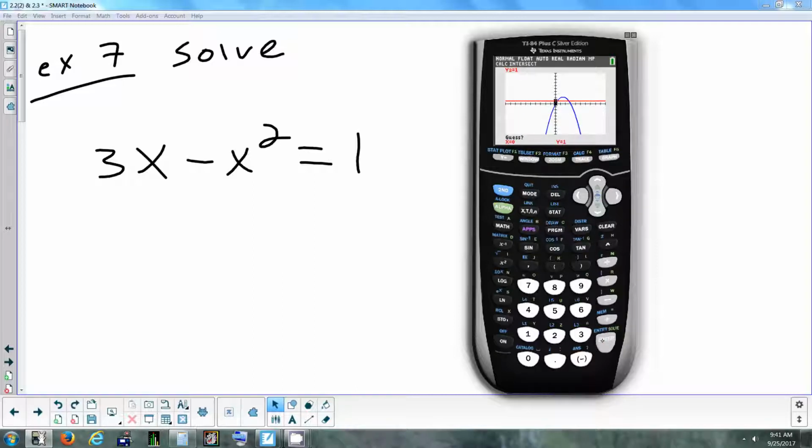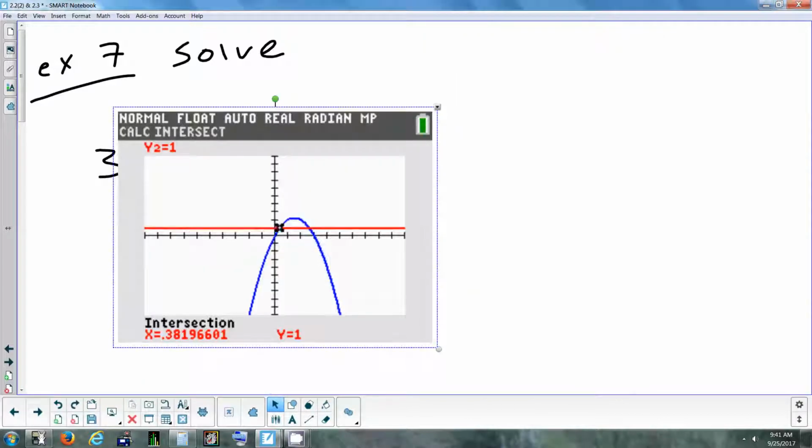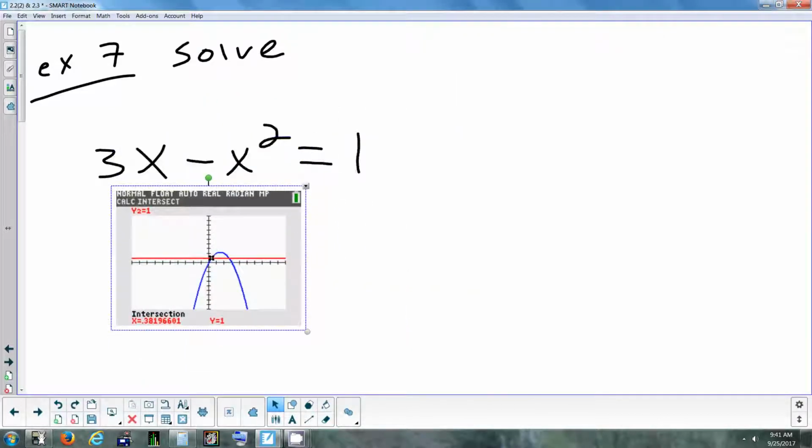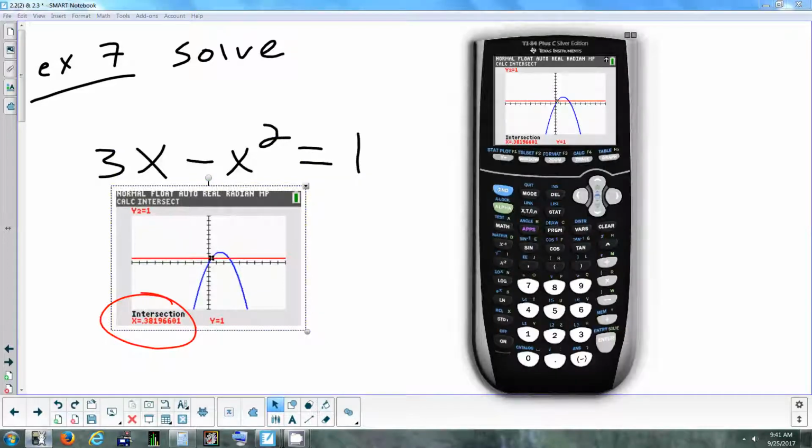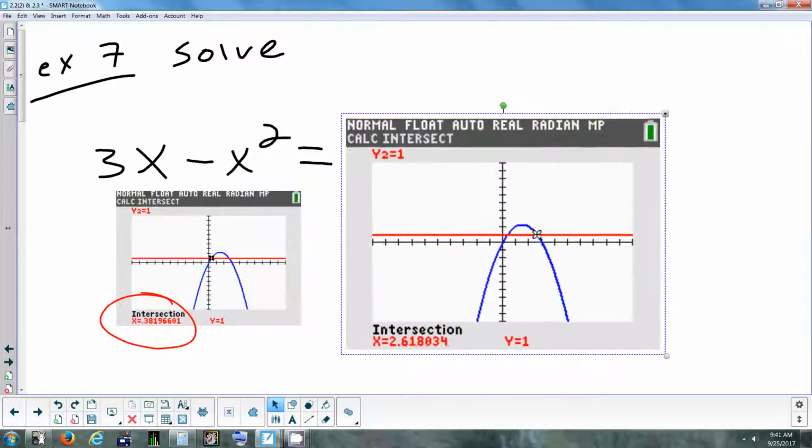First curve, second curve. My guess is closer to the left. So there's one solution. Yeah, I guess I can just do the other one. Second calc, intersect, blue, red. Just move your guess. Okay, so those should be your 2 solutions.